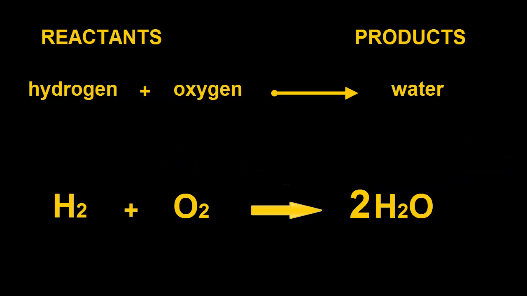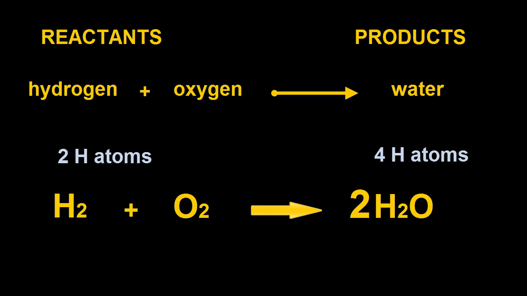Oops! By doubling the number of H2O molecules on the right-hand side, we have also doubled the number of hydrogen atoms to 4. 2 water molecules, with each one containing 2 hydrogen atoms, means 4 hydrogen atoms in total, 2 multiplied by 2. But we still have only 2 hydrogen atoms in the H2 molecule on the left-hand side.